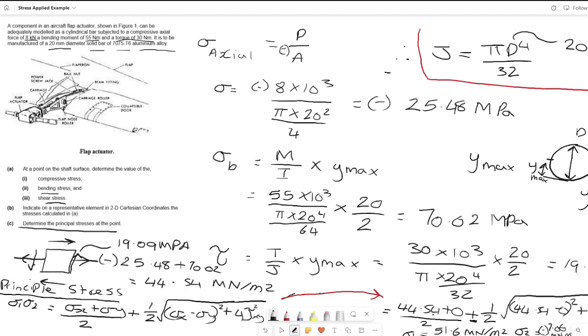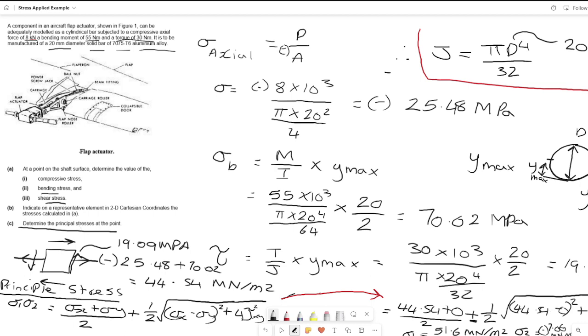We've got 44.54, which is the stress in the x direction that we just calculated, plus 0 divided by 2, plus or minus half the square root of 44.54 minus 0 squared. So stress in the x would be 44.54, and we haven't got stress in the y direction, which would be 0.